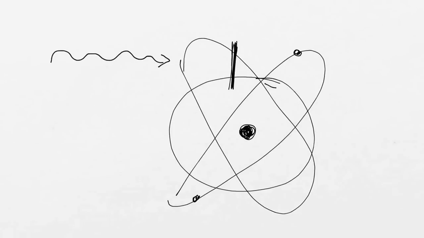So if I give them extra energy, give them a kick, what happens is the electron has 2 options.